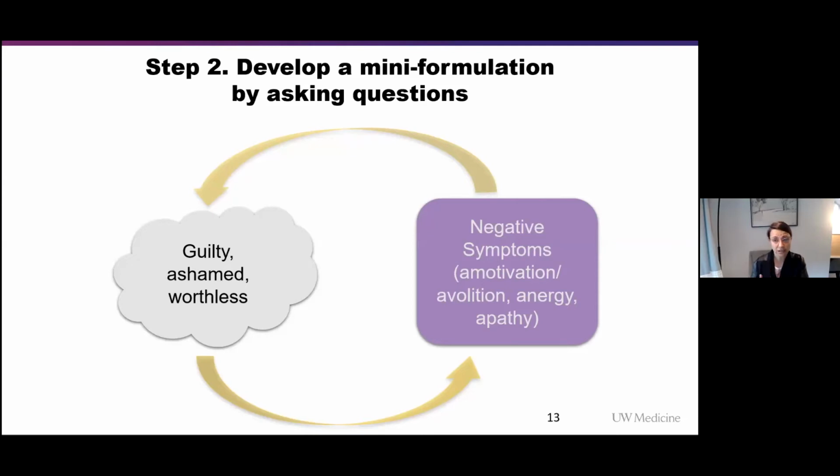Next, we want to start to develop a mini formulation, or it's also called a maintenance formulation, because we're trying to understand what is maintaining a particular symptom or a particular source of distress. And so again, we can go a very simplistic route, and then we can personalize that to the person.